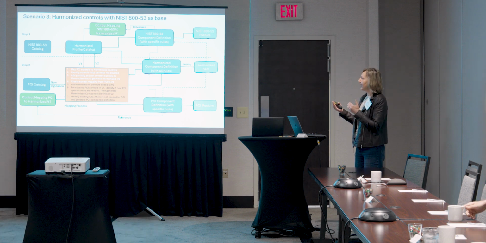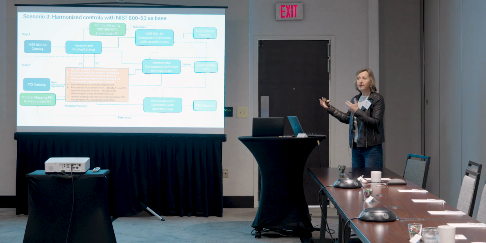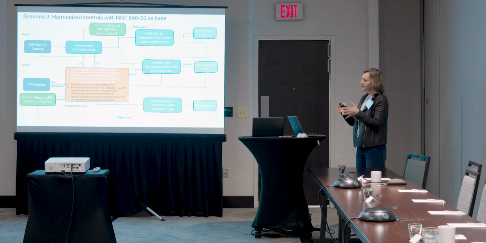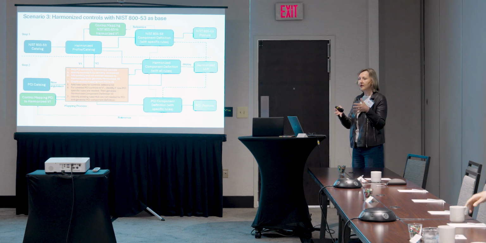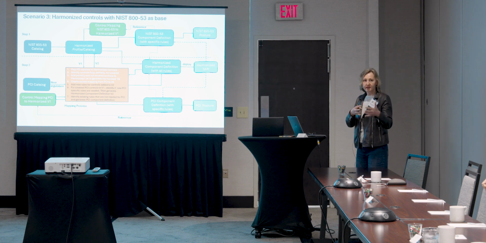Because now when I bring the N+1 program, the presence of the controls in the catalog is through the lenses of the PCI mapping to NIST and ISO mapping to PCI and NIST.